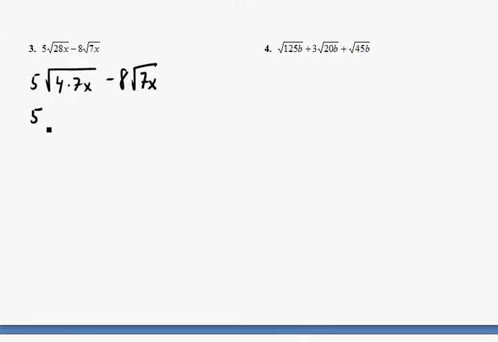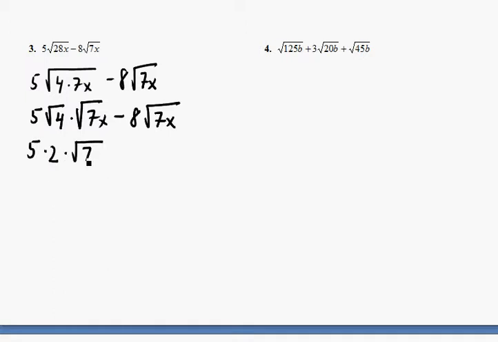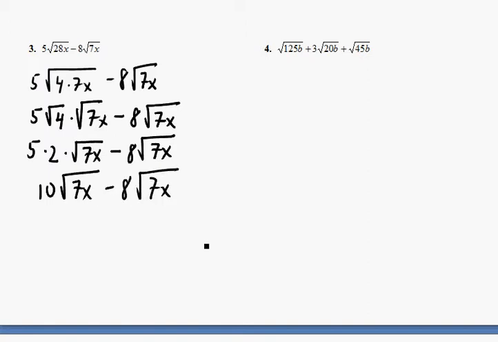Now I can rewrite this as 5 times the square root of 4 times the square root of 7x minus 8 times the square root of 7x. The square root of 4 is 2, so 5 times 2 times the square root of 7x minus 8 times the square root of 7x. 5 times 2 is 10, so 10 times the square root of 7x minus 8 times the square root of 7x.